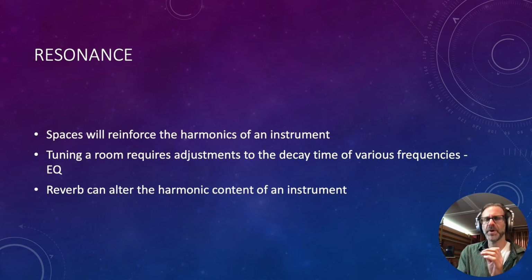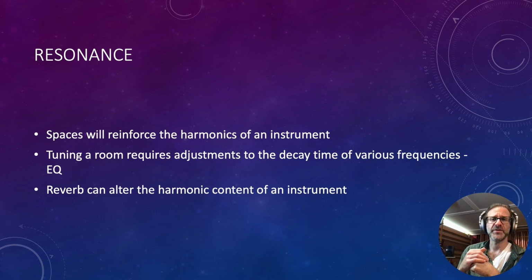When we also think about what reverb can do for an instrument, we can actually change the instrument's harmonic content just by placing it in a different space. Even if that space is artificial, we are adding harmonic content or resonance or reinforcing harmonics in the signal, which, if they're slight in the instrument themselves, can have a chance to develop more in a reverb that reinforces those frequencies.